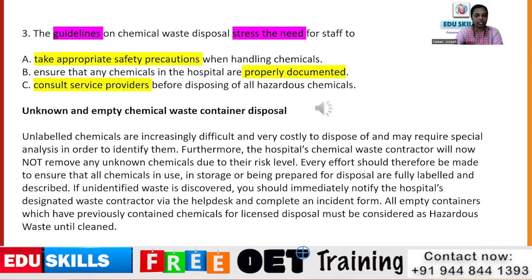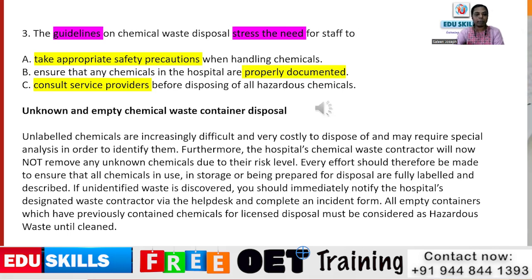When you read, you have the heading, unknown and empty chemical waste container disposal. Unlabeled chemicals are increasingly difficult and very costly to dispose of and may require special analysis in order to identify them. Furthermore, the hospital's chemical waste contractor will now not remove any unknown chemicals due to their risk level.